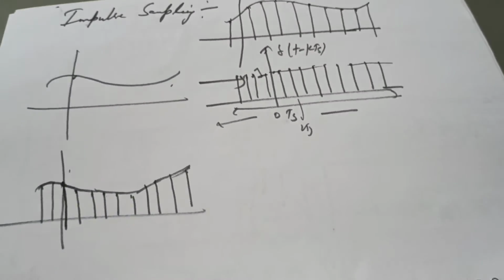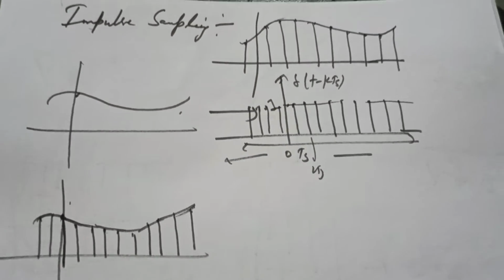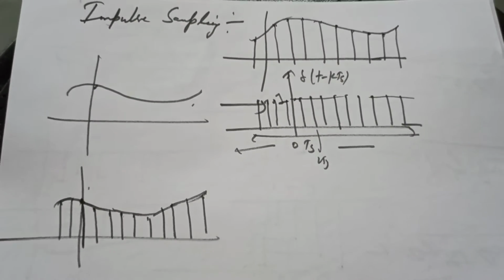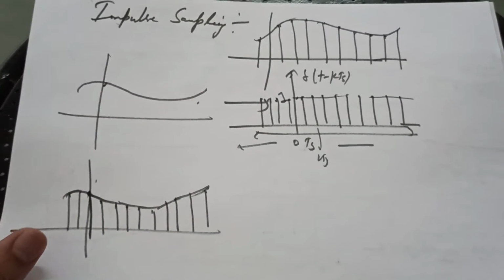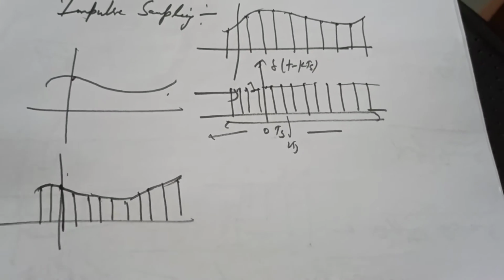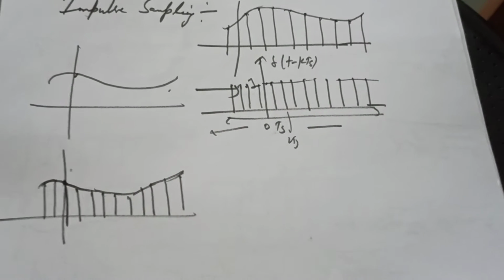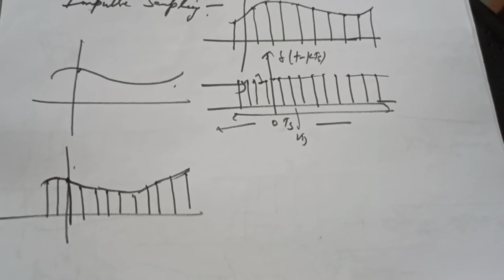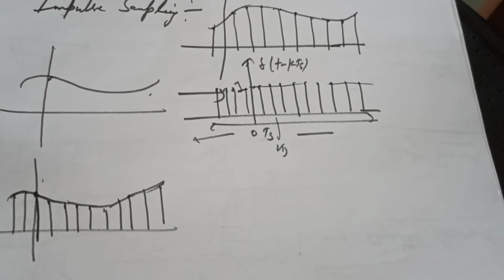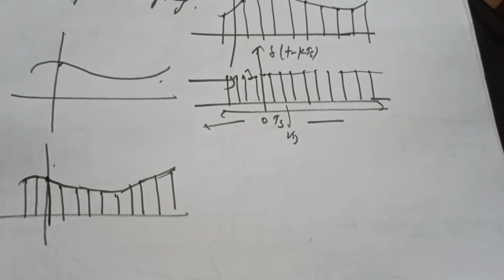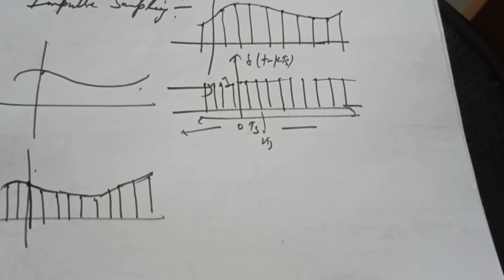sampling theorem. So I hope from the last lecture it is very clear that suppose this is a signal, okay, and this is sampled with the help of an impulse train given by this. This is the impulse train, and when it samples it, then it will give you what we call the sampled train.